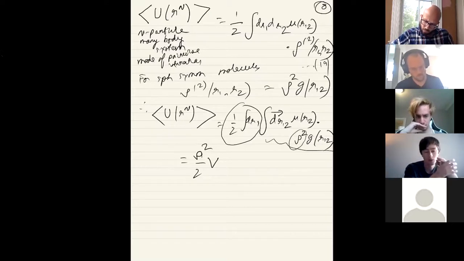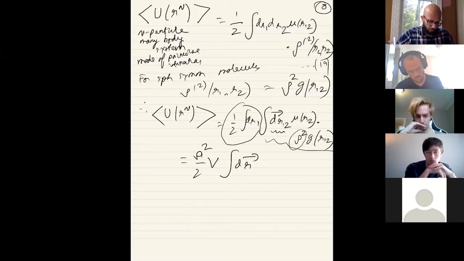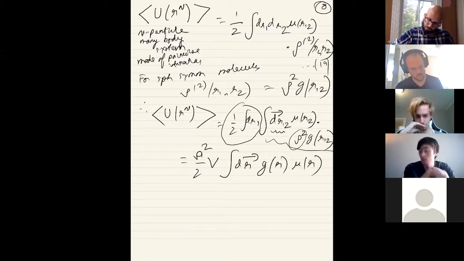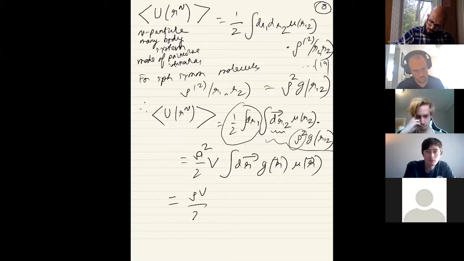Now we can just rename the variables. Instead of calling it dr12, we will call it dr. And we have a g of r, and we have a small u of r. This is in turn rho V by 2 integral of d r.